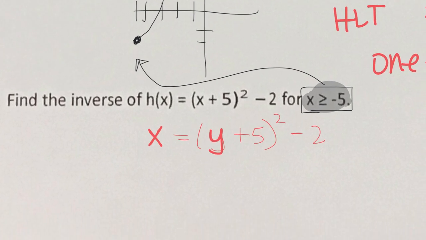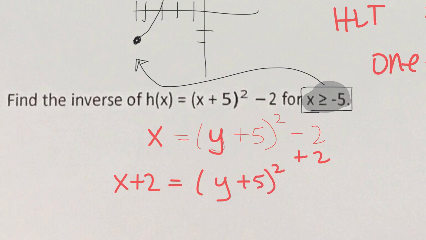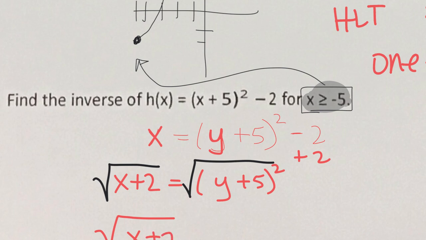And now we do all the math. So we'll add 2 to both sides. X plus 2 equals parentheses y plus 5 squared. Okay, now to get rid of the square by square rooting both sides. Okay, so now we have a square root function equals y plus 5.